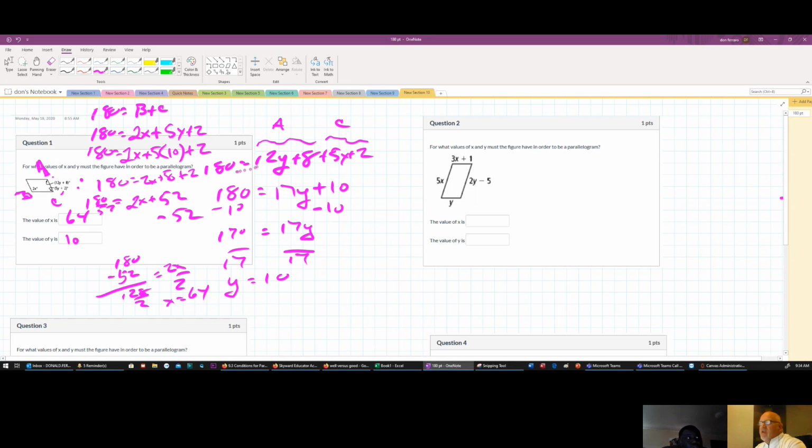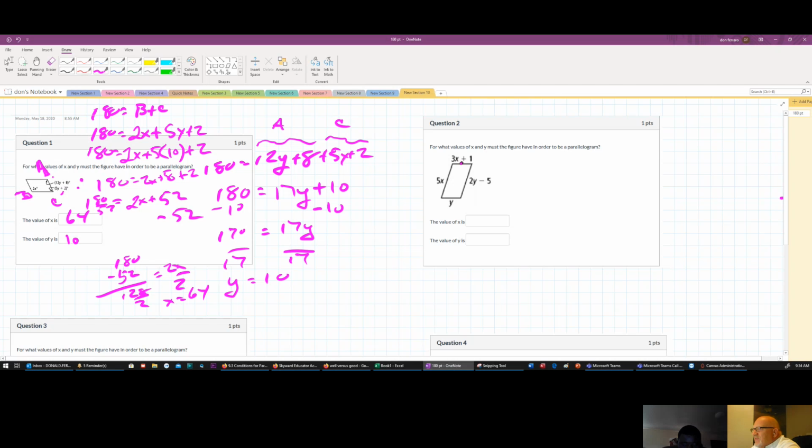So what we did was we were here, right? We solved for y because we knew that what you call A and C added up to 180. So now let's come over here. Here we have to solve for x or for y.